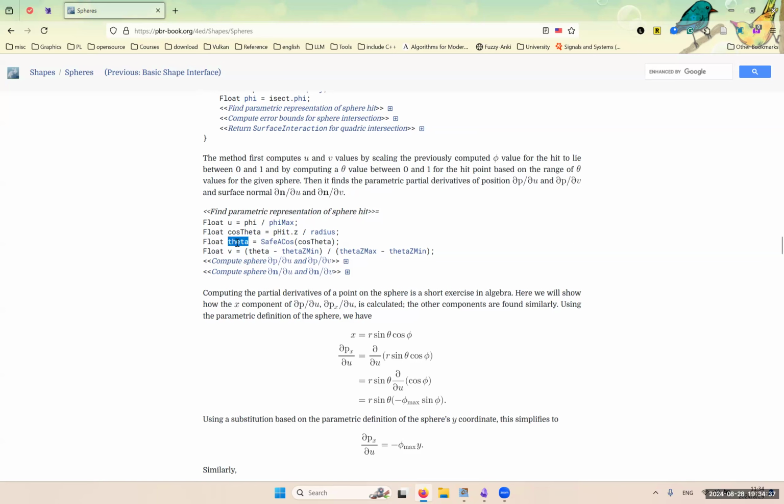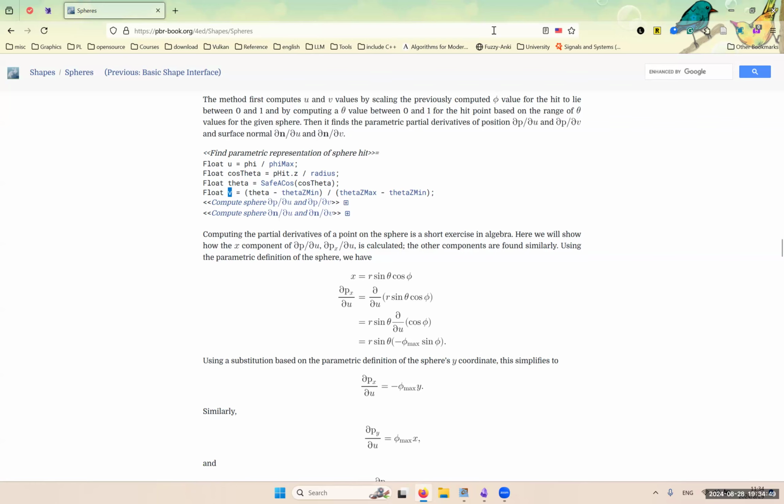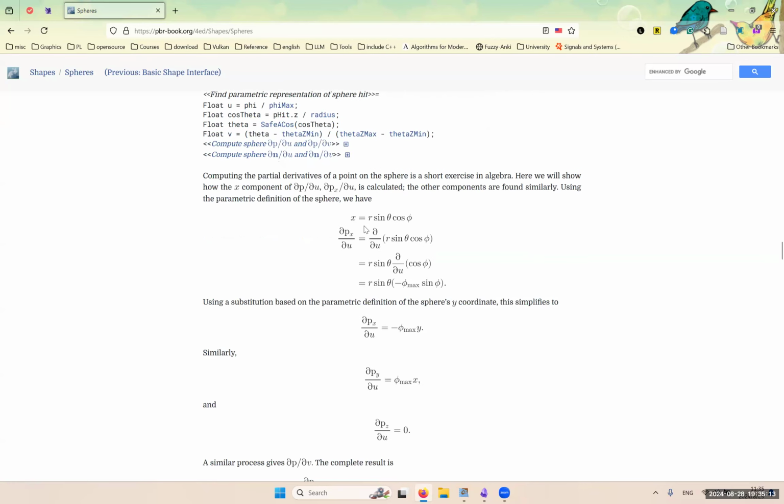U, theta, V. The partial derivative is, just, we do the chain rule.